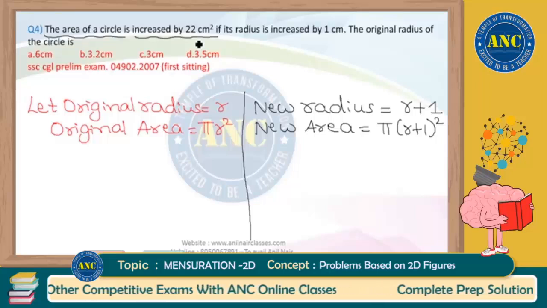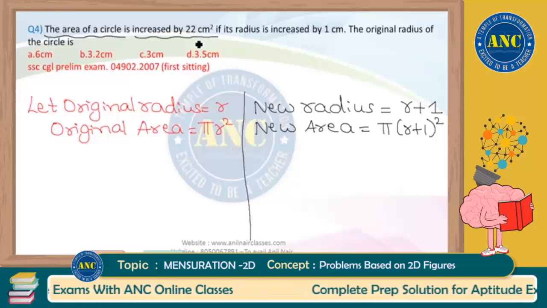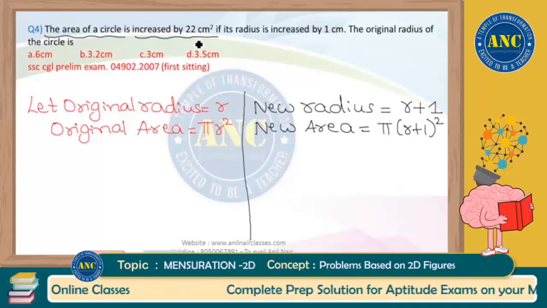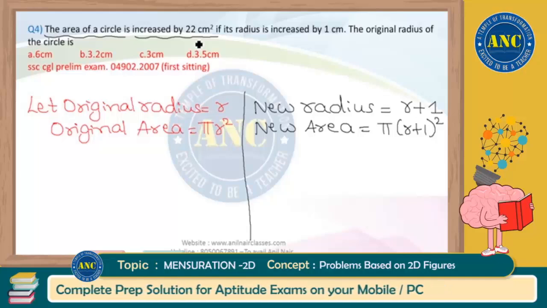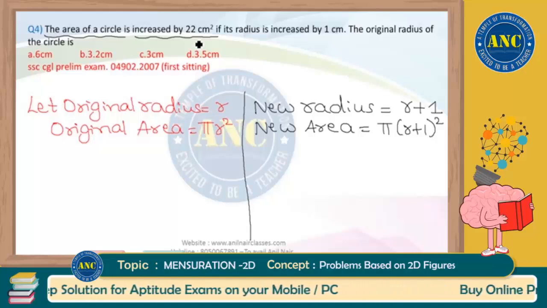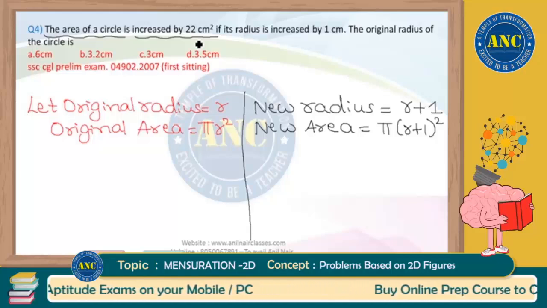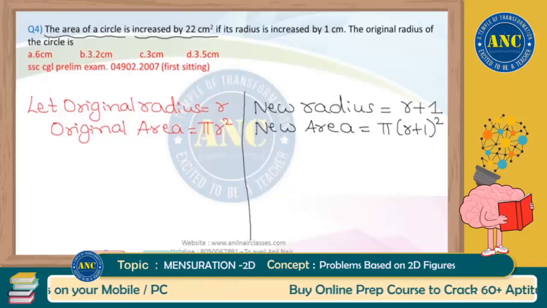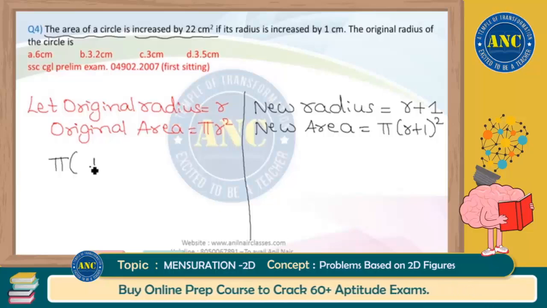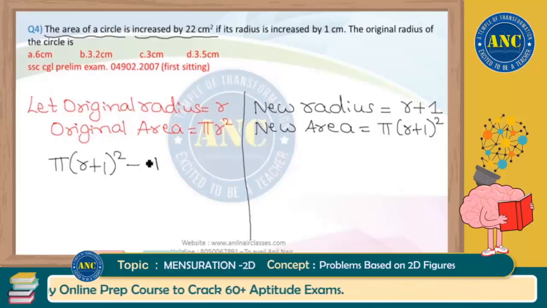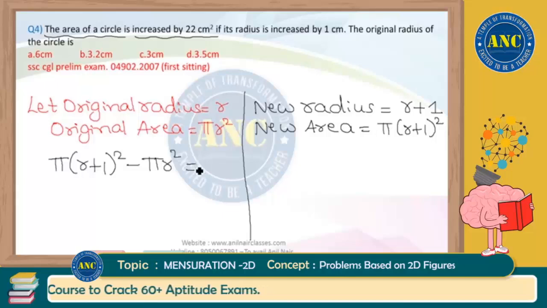That means the difference between the old area and the new area, new area minus old area, which we will write now as pi into r plus 1 whole square minus pi r square. The difference between the areas is given in the question as 22 centimeter square.